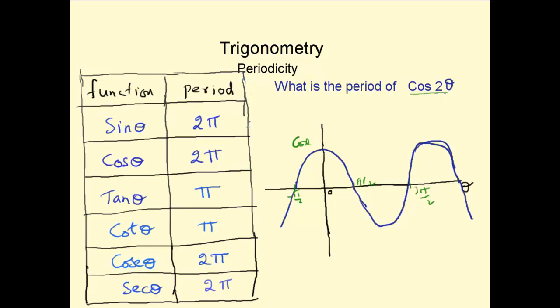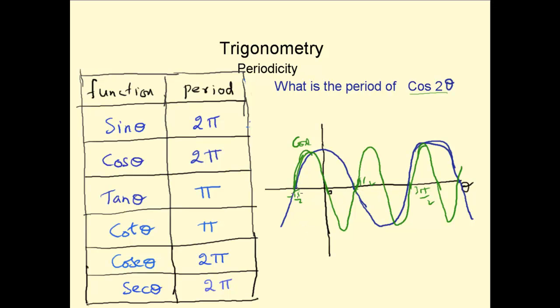Let's plot it. It starts at the same point, goes up, passes through pi by 2, goes down, passes through here, goes up, and goes down, something like this. So this is minus pi by 2, this is 0, this is pi by 2.